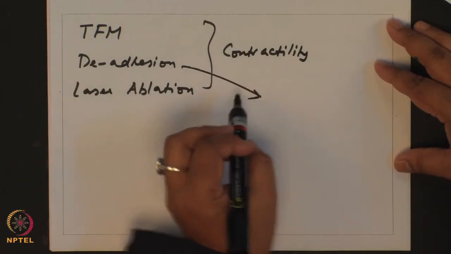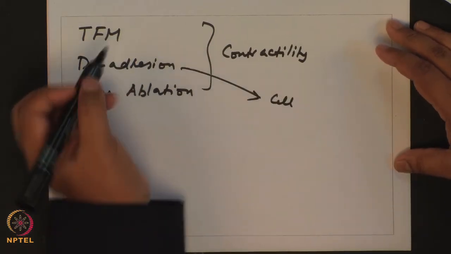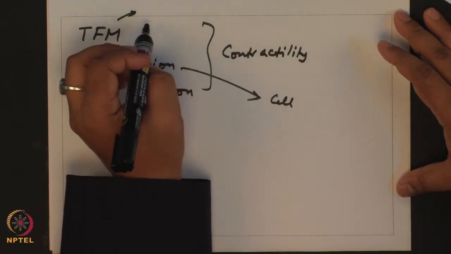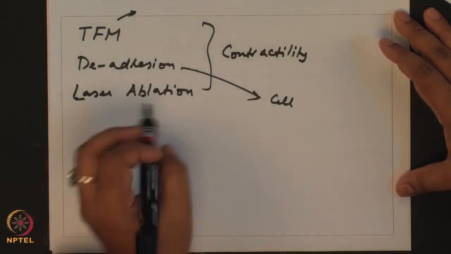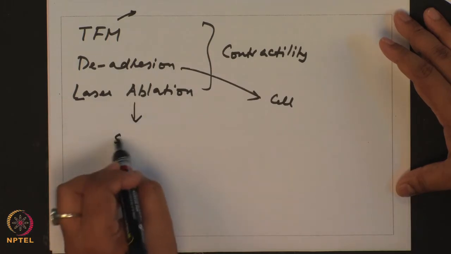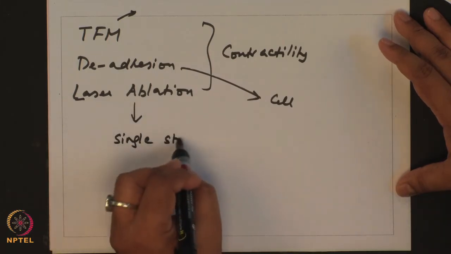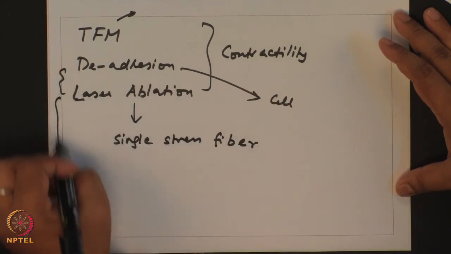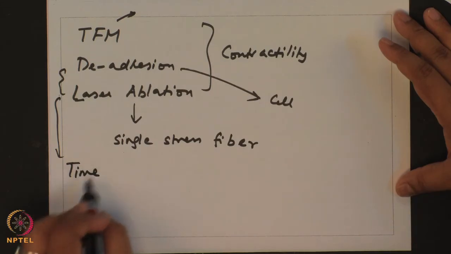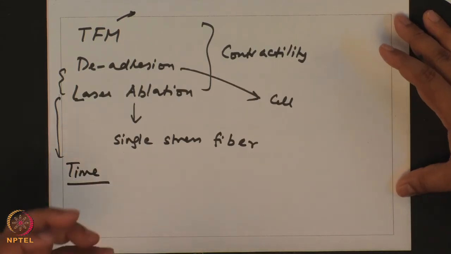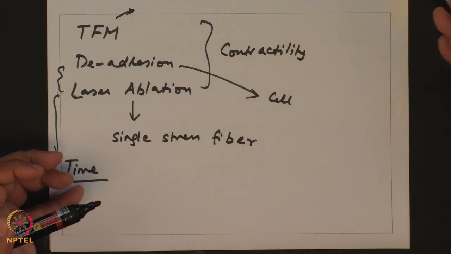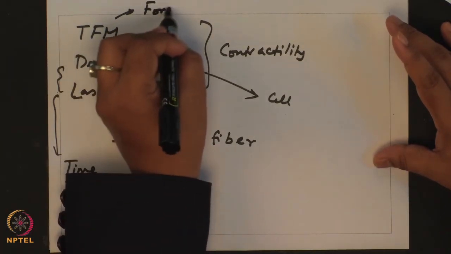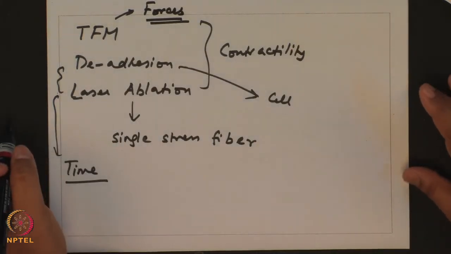De-adhesion provides the cell level contractility, TFM provides contractility information within the cell at different points, and laser ablation also provides contractility, but from a single stress fiber. Both these two techniques provide this information in the form of time. Lesser time is correlated with higher contractility, while in TFM you get an actual estimate of forces exerted at different points within the cell.